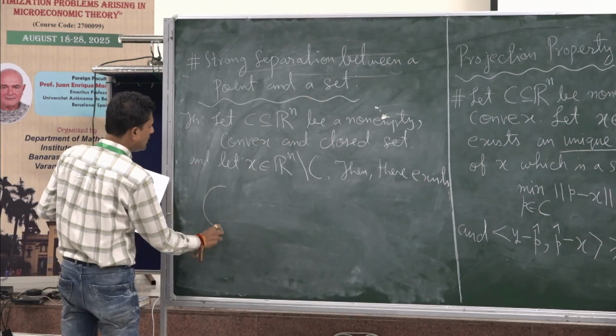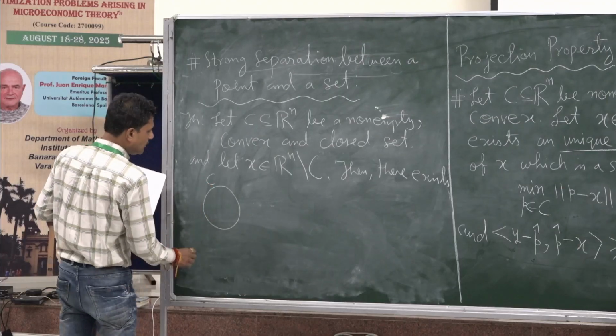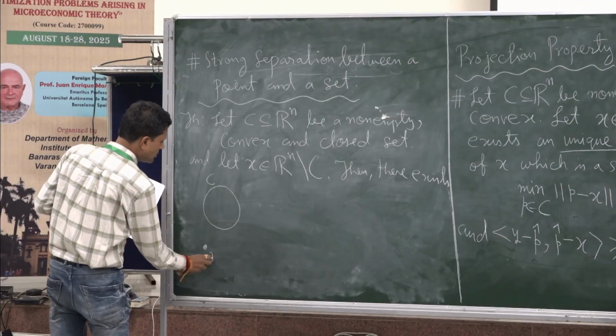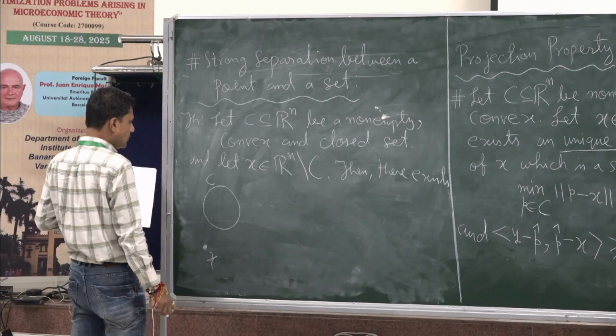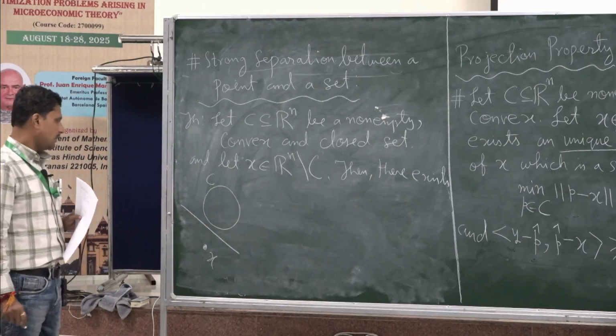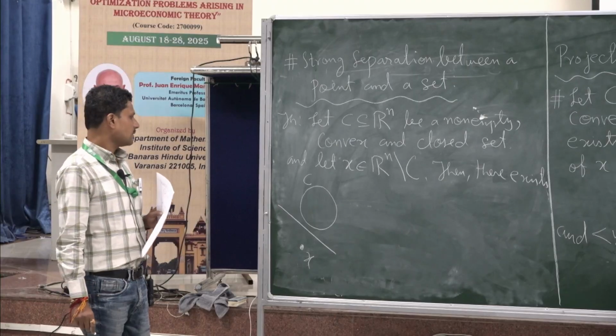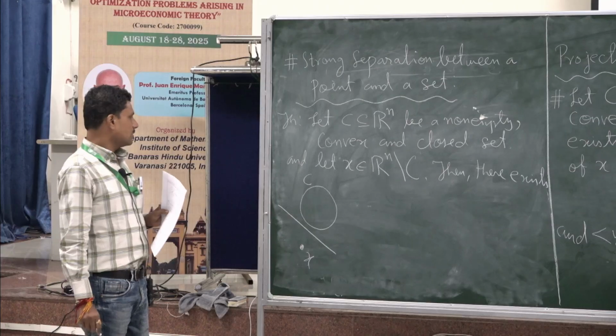You have this set which is closed, non-empty and convex, and then you have a point outside this set, and what we want is a plane which separates this point and this set, right?